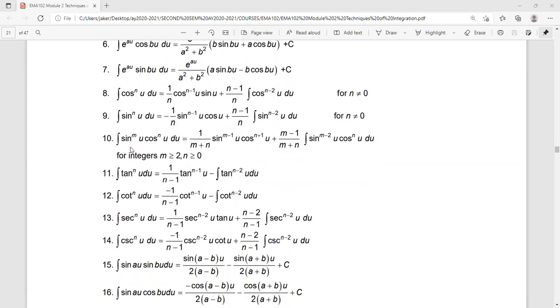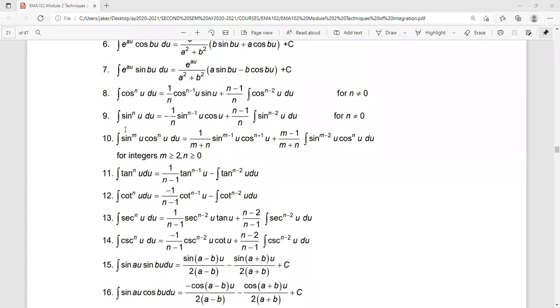Okay, so you have here another formula. Actually, you have seen this in your trigonometric transformation. This is a more straightforward formula whenever you have a combination of sine and cosine, with no limitation on the exponents of the sine and the cosine, as given in the cases under trigonometric transformation.